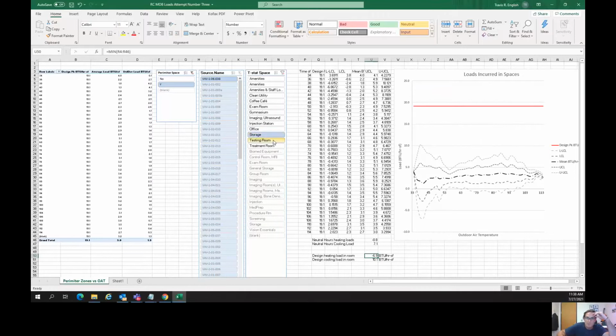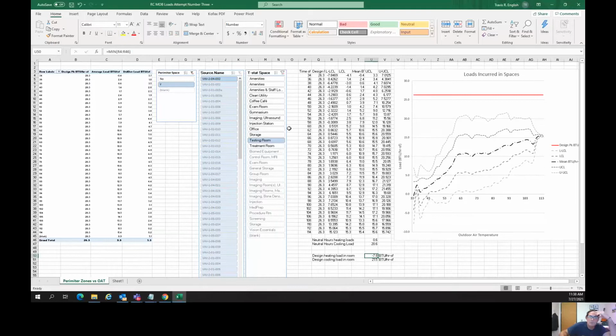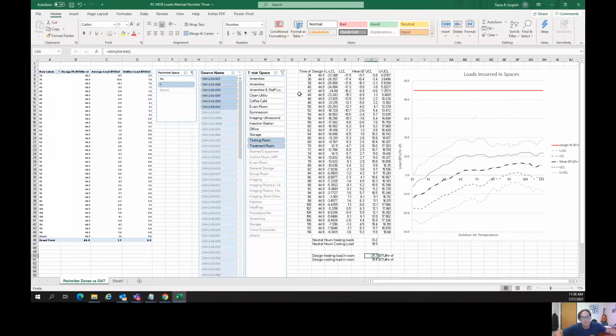Storage rooms, just one zone worth of that, not a lot of load. Here's a testing room. Actually, let's go ahead and combine these testing rooms and treatment rooms. It's interesting that we have these as perimeter spaces, but it looks like the difference between the neutral hour loading and the warm hour loading is not very high.